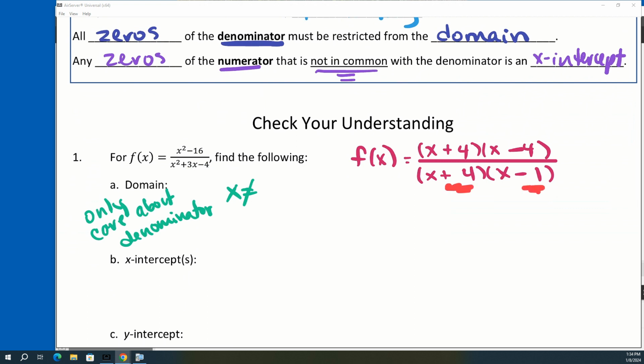So in this case, it's going to be -4 and +1. Because if x was -4, that would make that 0. And if x was +1, it would make that 0. Is that a point or is that -4 and? That is 2 separate numbers. Yeah, x does not equal -4 and x does not equal 1. 2 separate x's. All right.